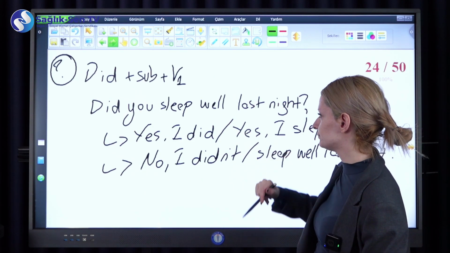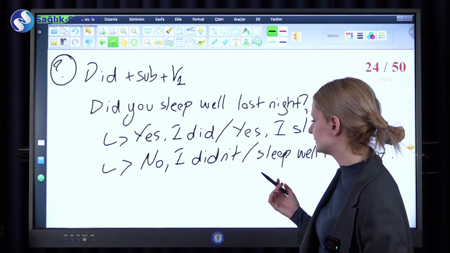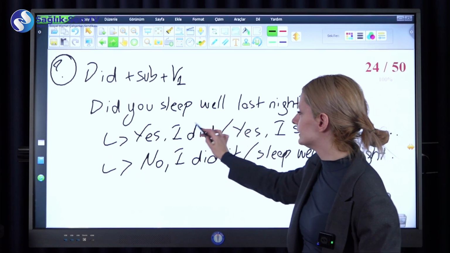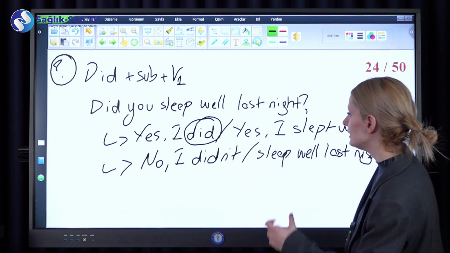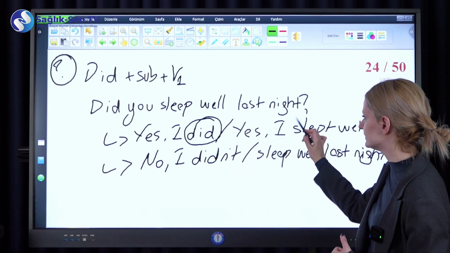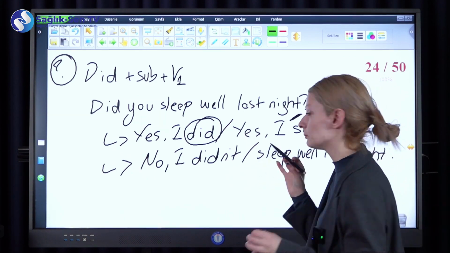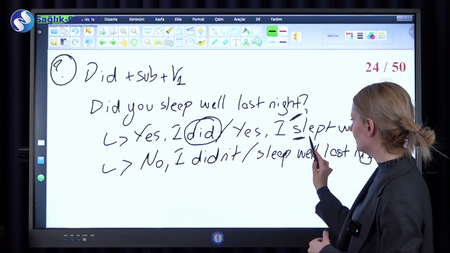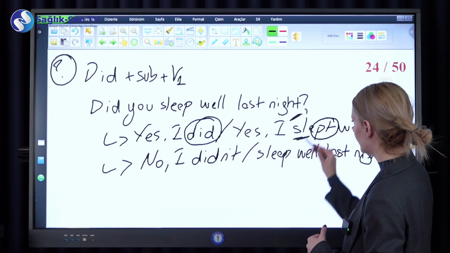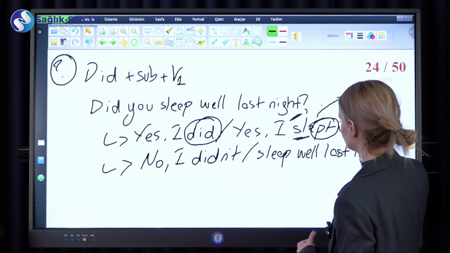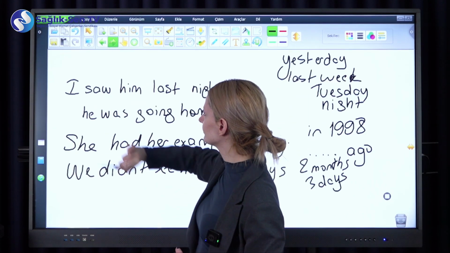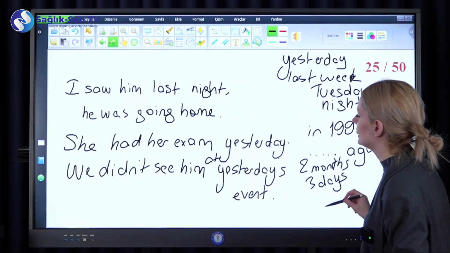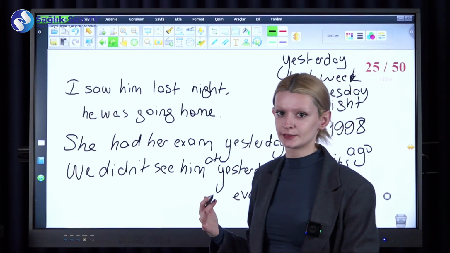This is the question form. Did you sleep well last night? Yes, I did. Here, this is the auxiliary. But a normal affirmative sentence using past simple doesn't require any did. That's why I omitted it and made my verb 2. I saw him last night. We have talked about our time expressions.